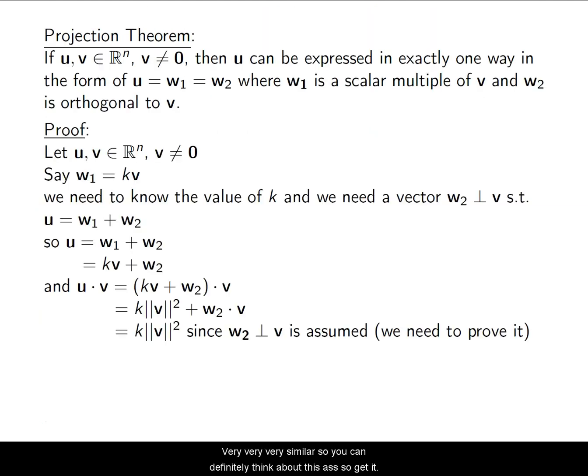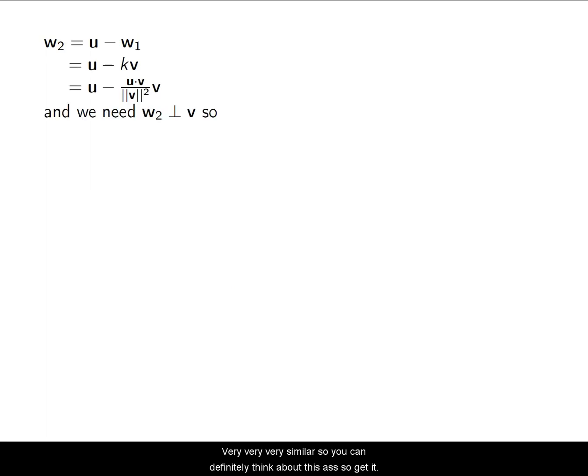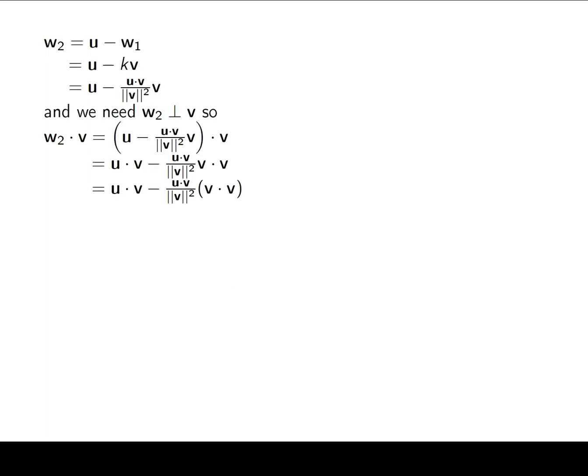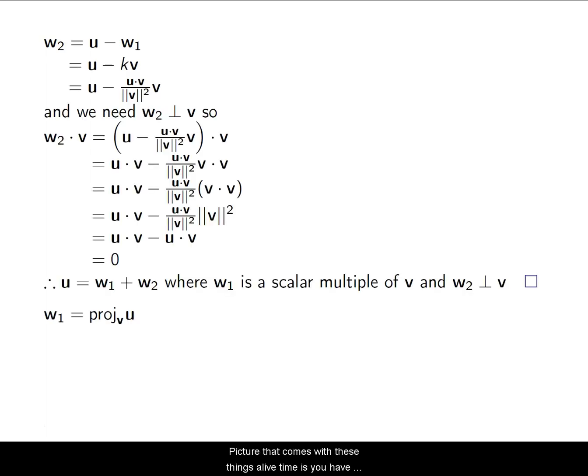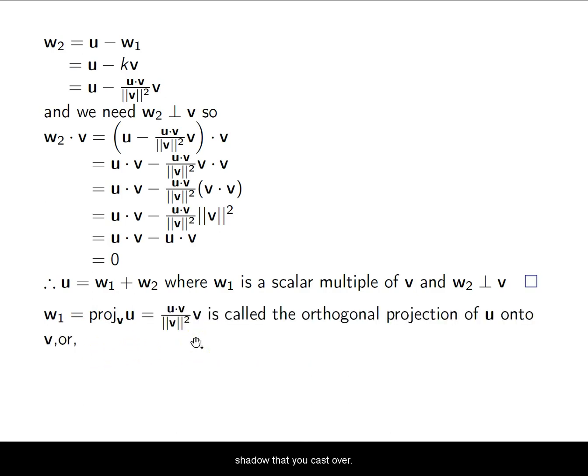A good picture that comes with these things a lot of the time is a plane, and out of your plane there is a vector, and the projection is basically the shadow that vector projects downwards onto that plane. That's really what we're looking at here. It's the shadow that u casts over v.